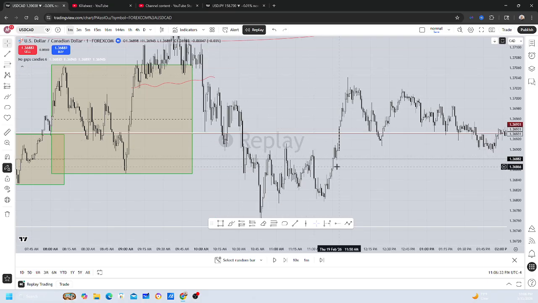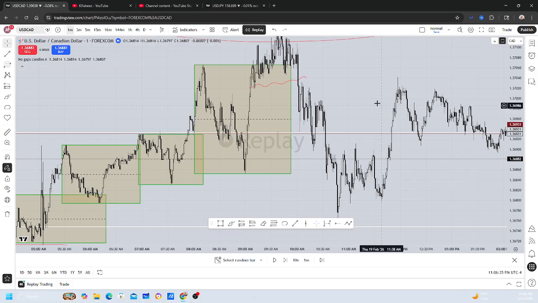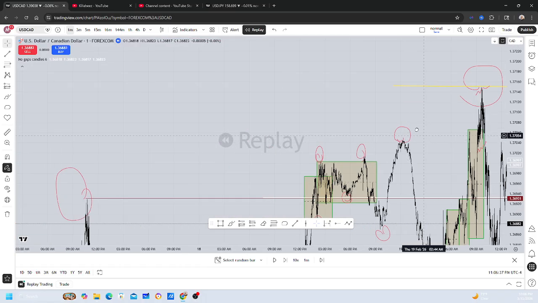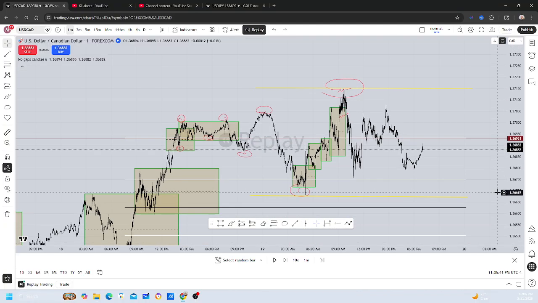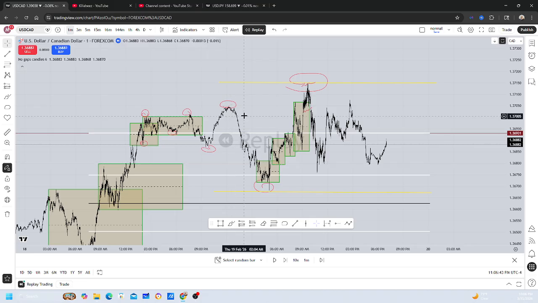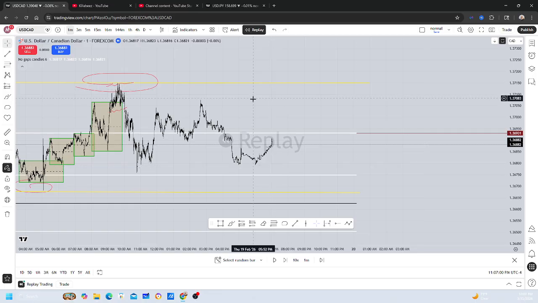Go the other way, right? And in the range, you notice there's a manipulation down and then a manipulation up. So what do they call it? Accumulation, manipulation, distribution. Or something like that.